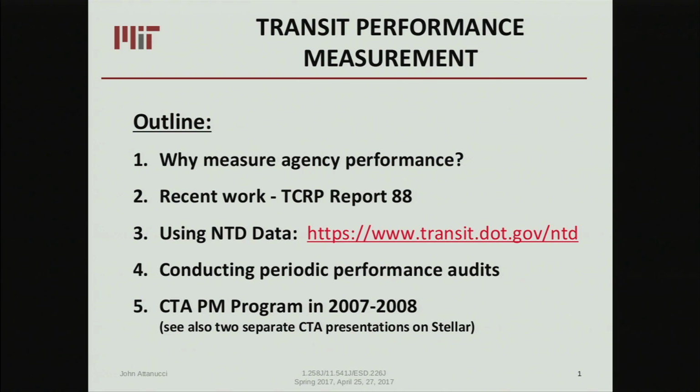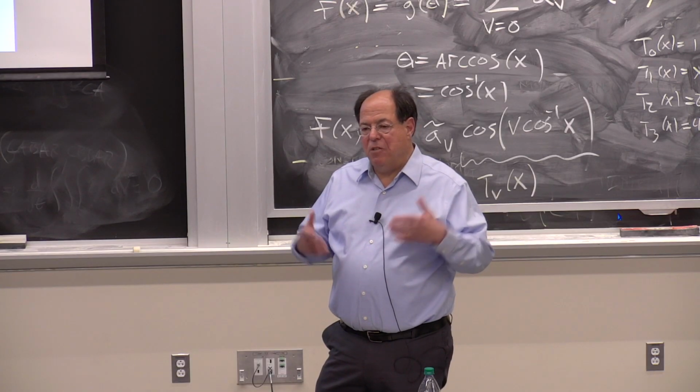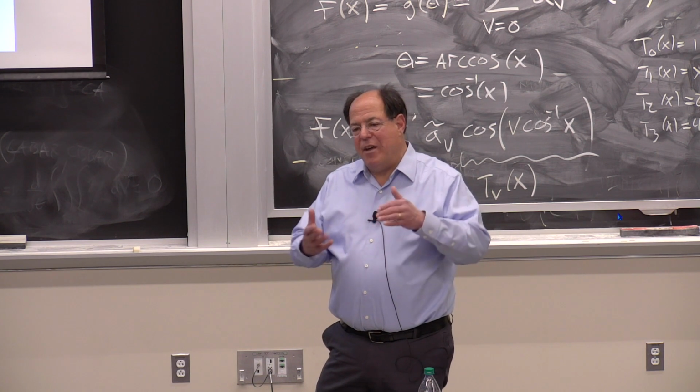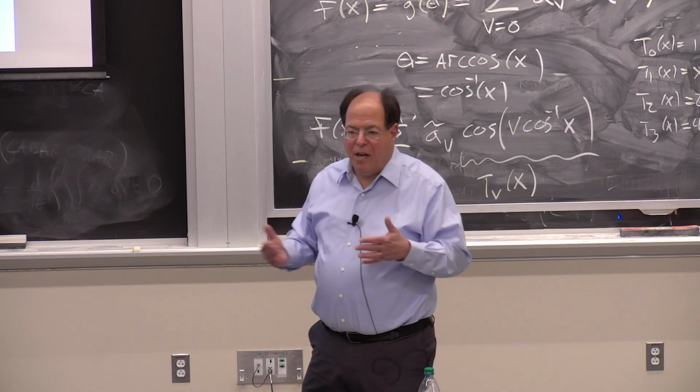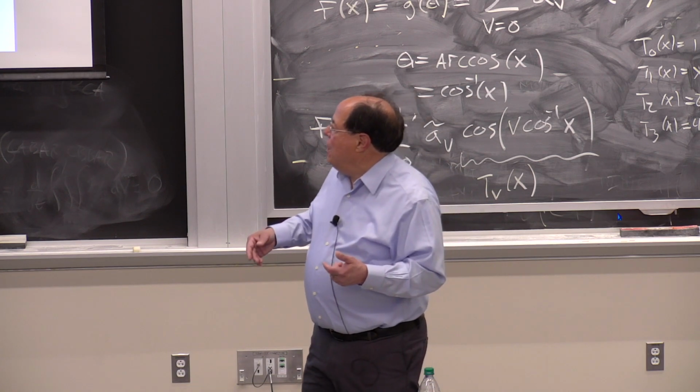There's an older report that's really good, TCRP 88, that essentially is a cookbook on how to develop a performance management system for your transit agency. And it's a really good report with respect to the measures you use, and they divide it into small, medium, and large urban areas, and they give different measures for different ones.